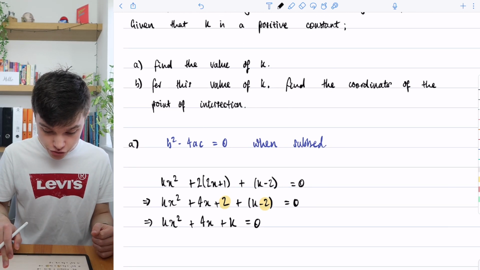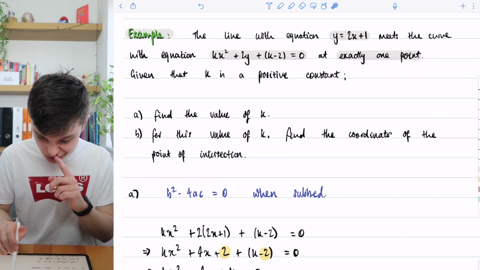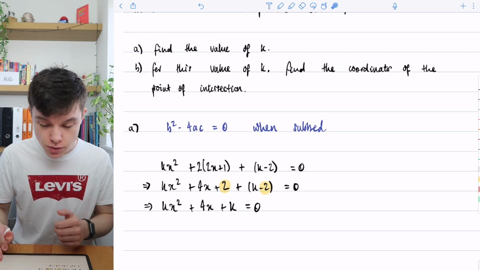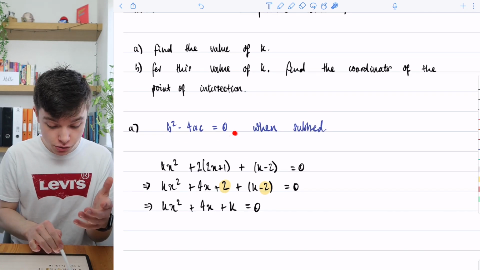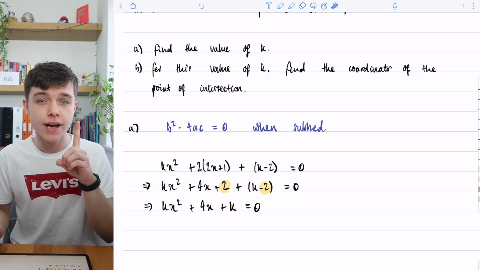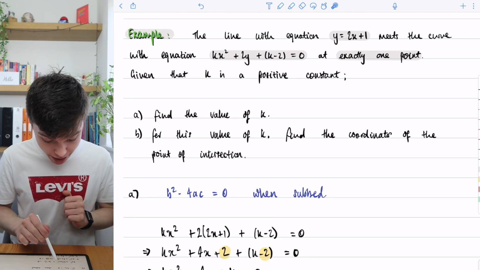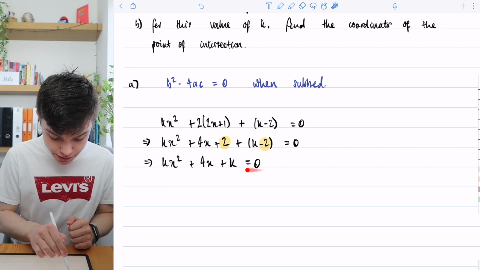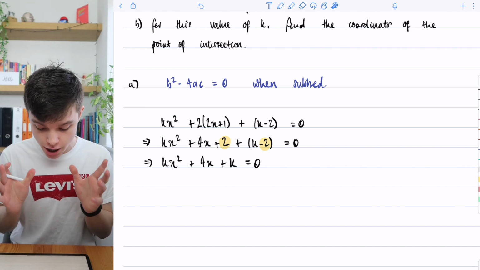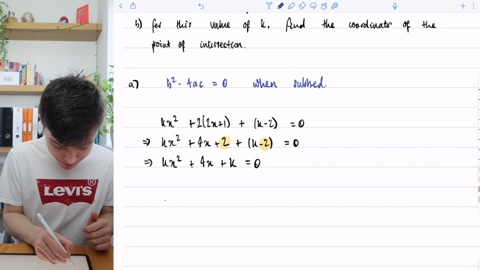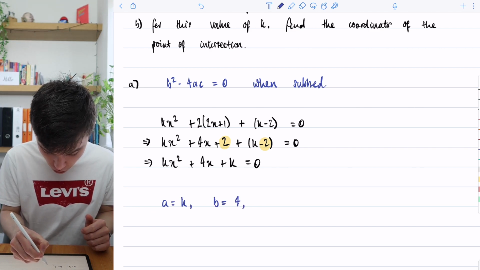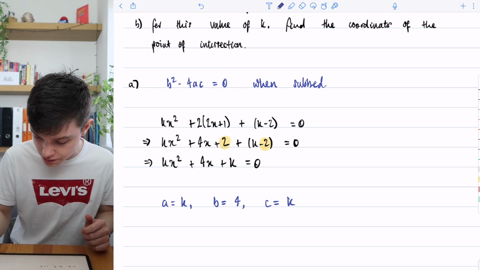So what I've done is substitute y is equal to 2x plus 1 into this curve. Once I've substituted that, because there is an intersection at exactly one point, we are going to have the discriminant equal to 0. I can't do anything else with that, so I can say a must be equal to k, b must be equal to 4, and c must be equal to k.